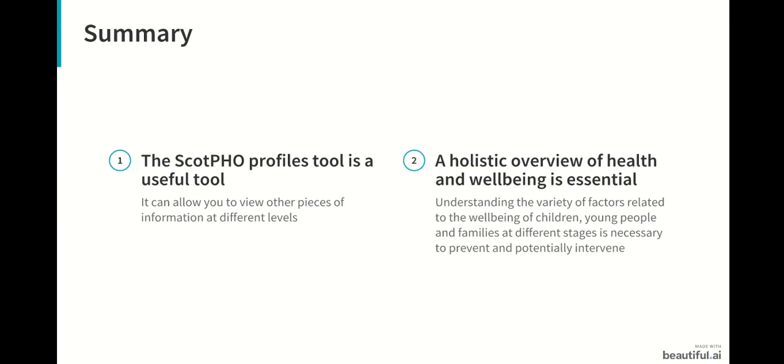And hopefully by using things like these tools, and again using the Solstice data as well, it should hopefully provide you with that holistic overview of health and wellbeing, and how important that is to ensure that we can get it right in respect of child and family health, as well as at different stages, and we can hopefully try and gain that understanding so that we can intervene appropriately and build up that basis of working.